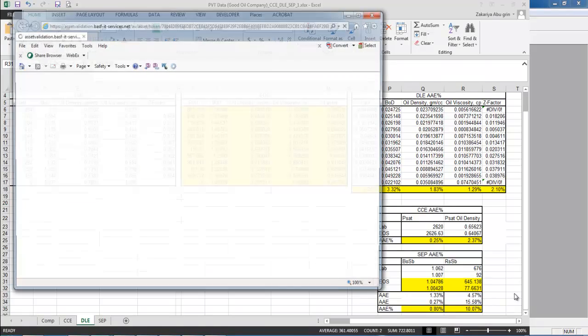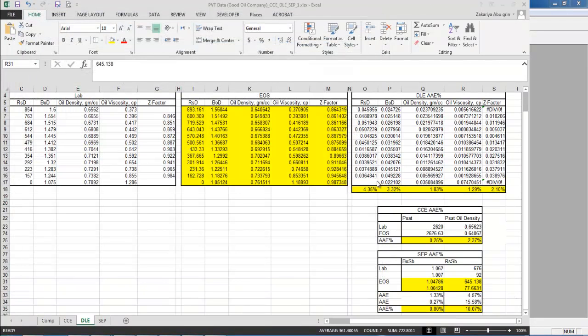So that's why we say it doesn't mean that if you input a lot of measured data and use it in tuning, you will have the best results. It's not like this. You remember last week we said that your golden rule should be to have the fewest points and the most important points.